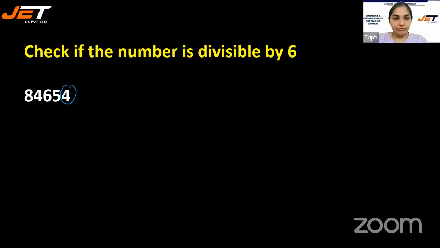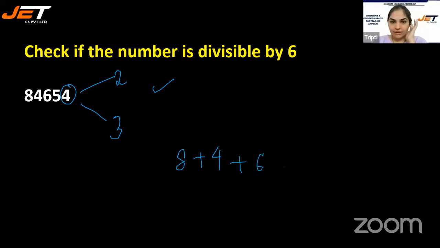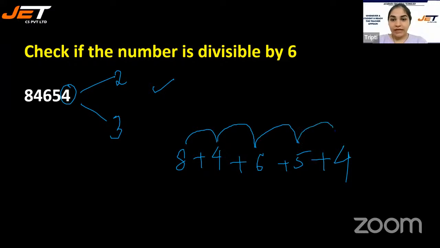Now we have got a bigger number. 4 is divisible by 2. Let's check for 3. 8 plus 4 plus 6 plus 5 plus 4. I'll add 8 plus 4, 12. 12 plus 6, 18. 18 plus 5, 23. 23 plus 4, that is 27. Okay.